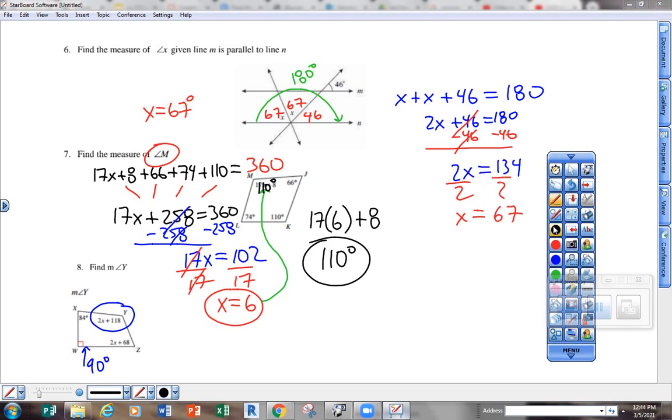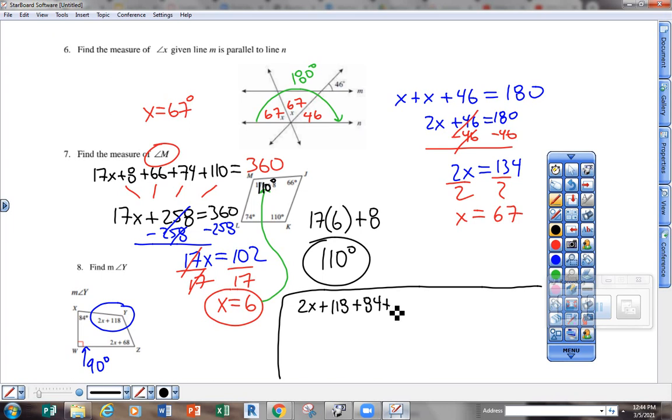So let's do that problem right here. Sorry, getting kind of messy here. But if I take that 2x plus 118 plus that 84, the angle given, plus that 90, hopefully you know that square is 90, plus 2x plus 68 from that other angle, and that whole mess equal to 360.